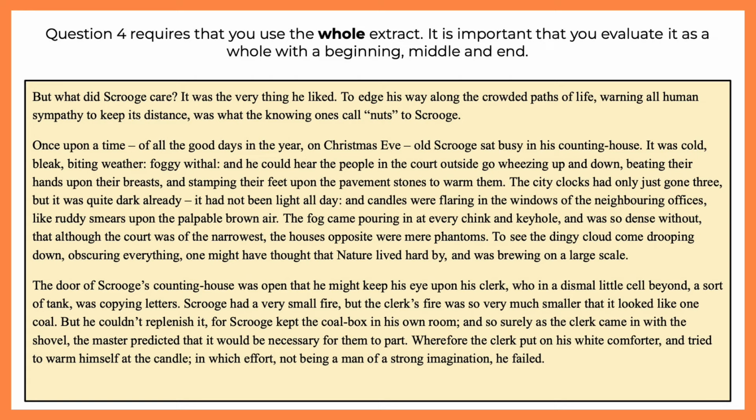Scrooge had a very small fire, but the clerk's fire was so very much smaller that it looked like one coal. But he couldn't replenish it, for Scrooge kept the coal box in his own room, and so surely as the clerk came in with the shovel, the master predicted that it would be necessary for them to part. Wherefore the clerk put on his white comforter and tried to warm himself at the candle, in which effort, not being a man of strong imagination, he failed.